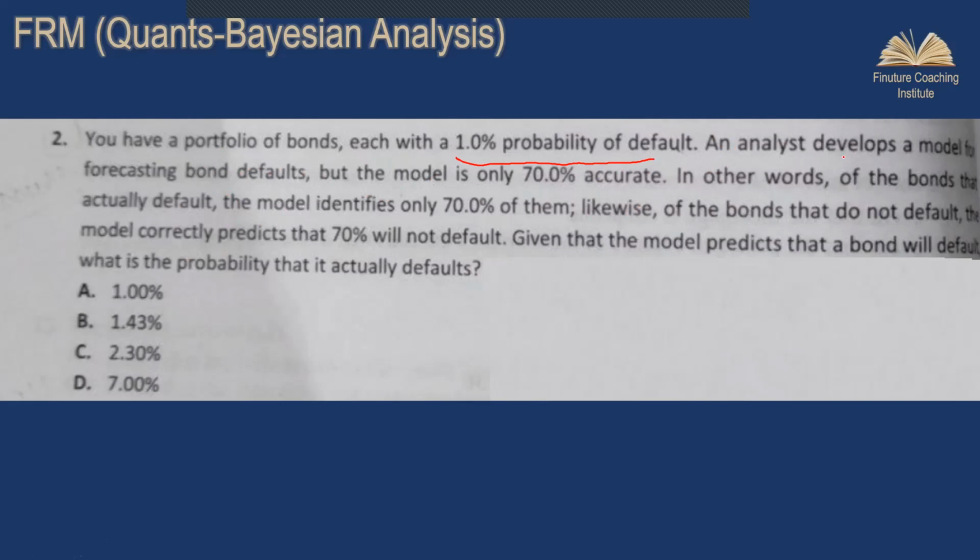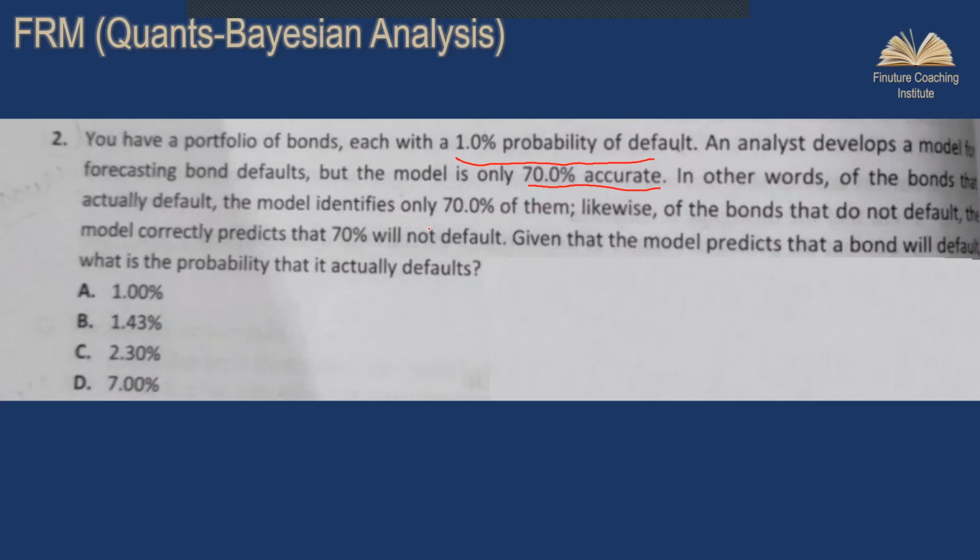And an analyst develops a model forecasting this. There is a model that has been built by the analyst to predict the default of the bond. So the accuracy of that model is 70%.